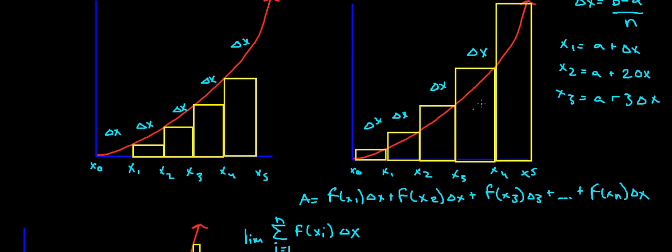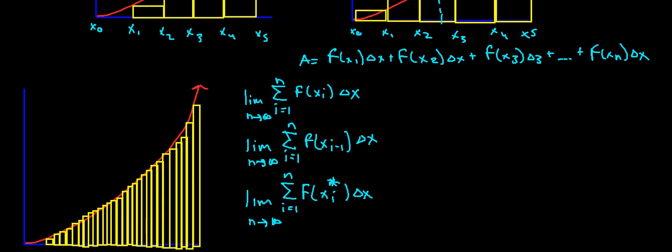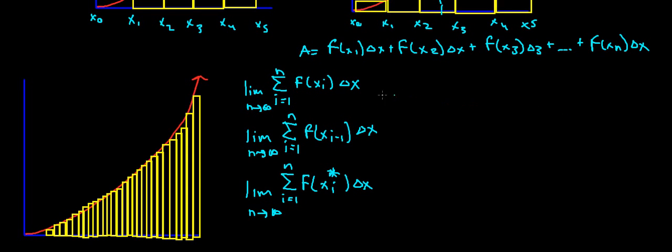I can do this one where they're overestimating, or I can even find out what the center point is, and this would be called x star. And I can even have them centered instead of having them hit at one corner of the rectangle, they can hit on the center. So these are the three formulas depending on which one I want.